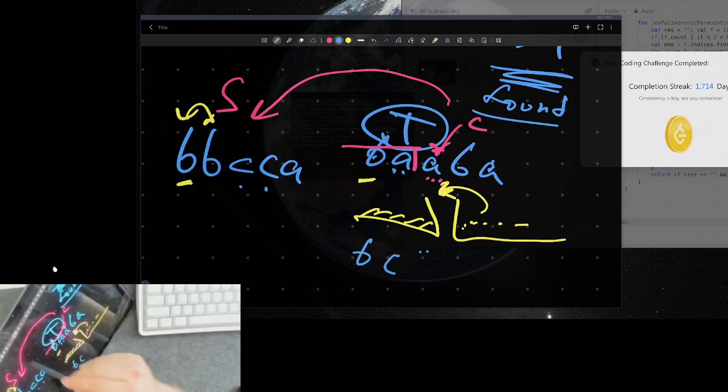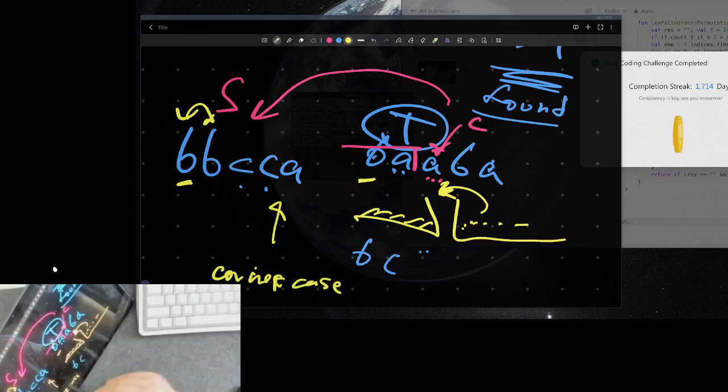Then we have a corner case of the middle element, so the middle is A, and then we do a mirror of our prefix.